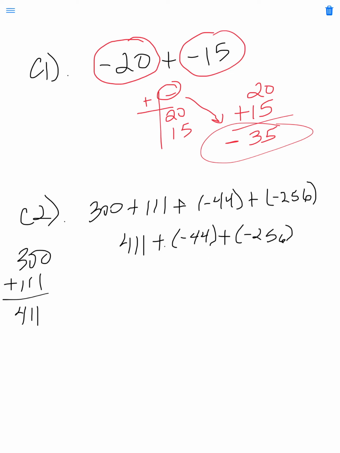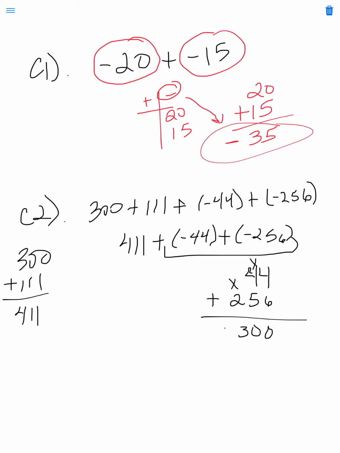Since I have these two over here on this side that are negative, I'm just going to add them together. 44 and then 256. That's a 0 here. 4 plus 6, 0, 0, 300. But remember, it's a negative, so I'm going to end up really doing 411 plus negative 300.